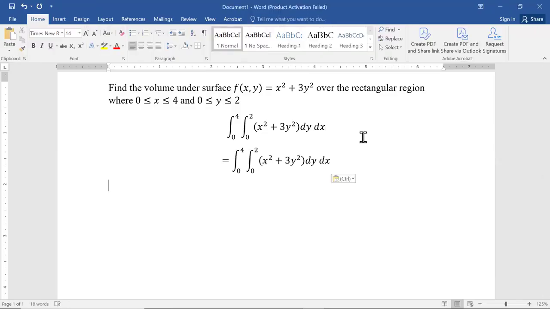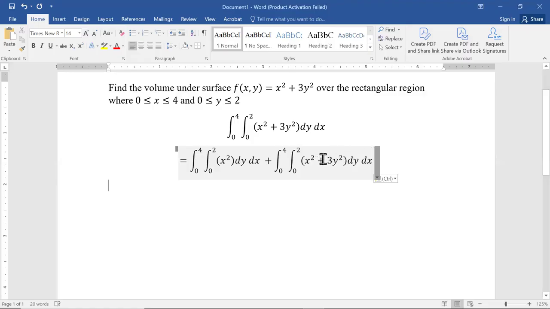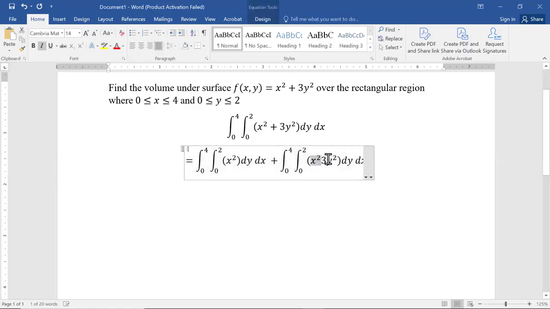One of the properties said that if I have two functions that we're adding inside, then I can do a double integral of the first function. So I'm going to do a double integral of dx squared plus, then I'll do a double integral of the 3y squared.